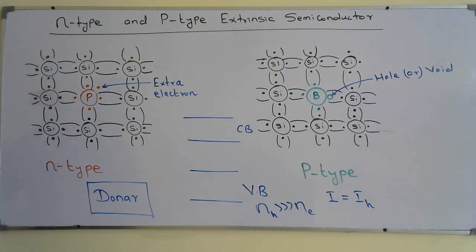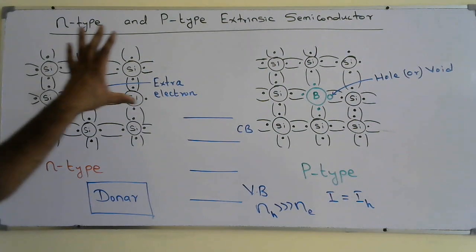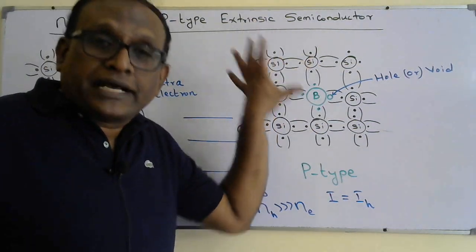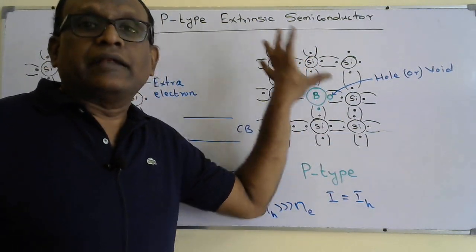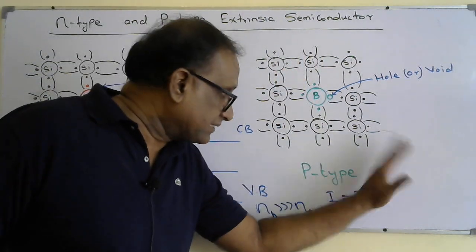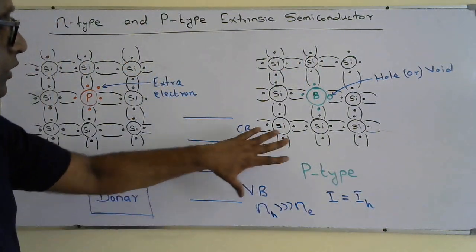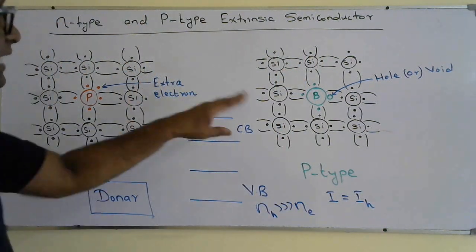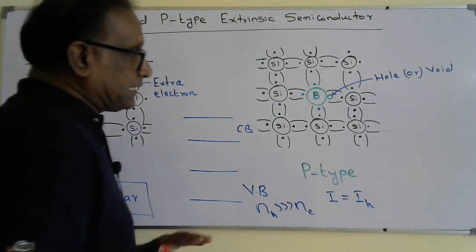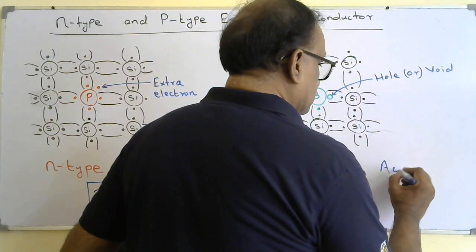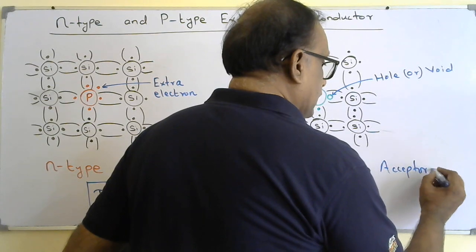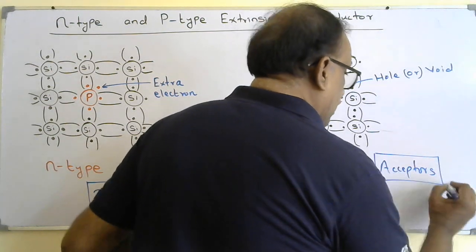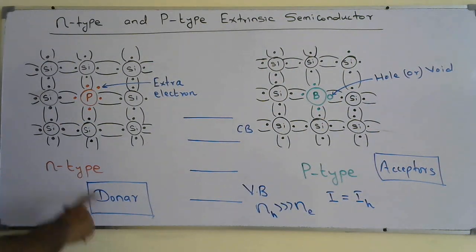Again I am telling, in n-type semiconductors, minority carriers are holes and majority carriers are electrons. In p-type semiconductors, majority carriers are holes and minority carriers are electrons. So here the group 3 elements are called acceptors. Group 5 elements are called donors.